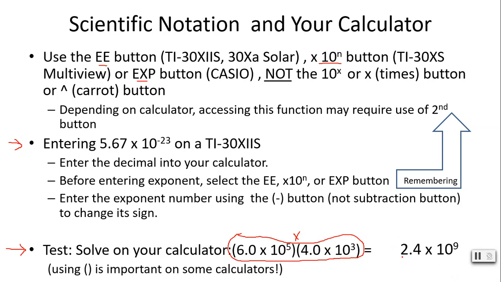Now that answer may come out in non-scientific notation. That's okay. You can go ahead and put it in scientific notation using the rules that we talked about previously. But before you go on, you should try this calculation and make sure that you feel comfortable putting in numbers in scientific notation in your calculator.